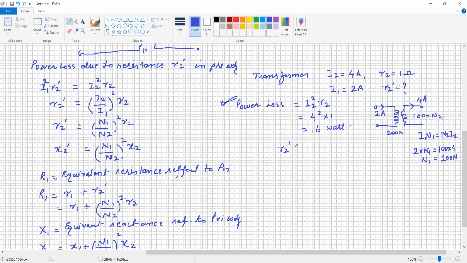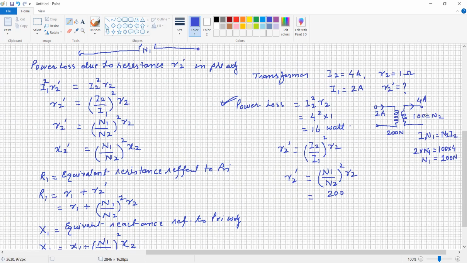It is R2 dash, which is equal to, from here we have taken, R2 dash is equal to I2 upon I1 bracket square into R2, or R2 dash is equal to N1 upon N2 bracket square into R2. So what is that? Here N1 is equal to 200.